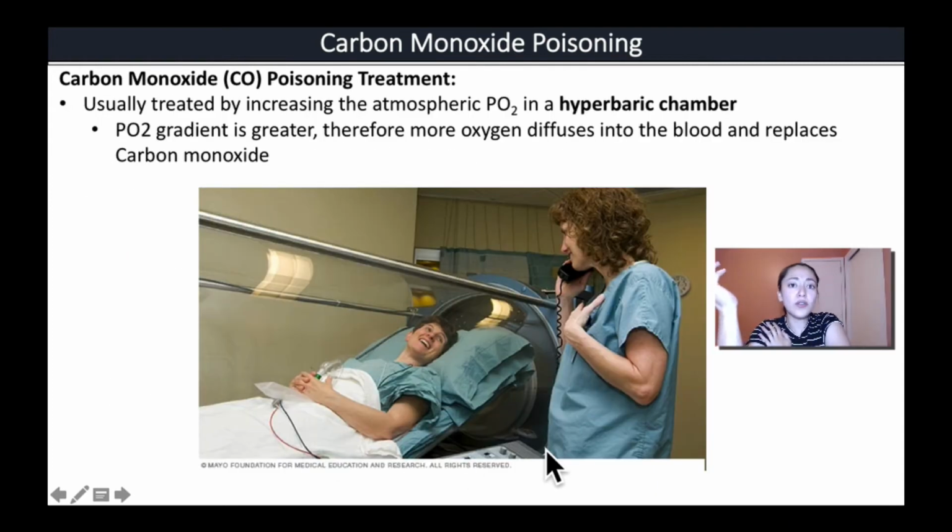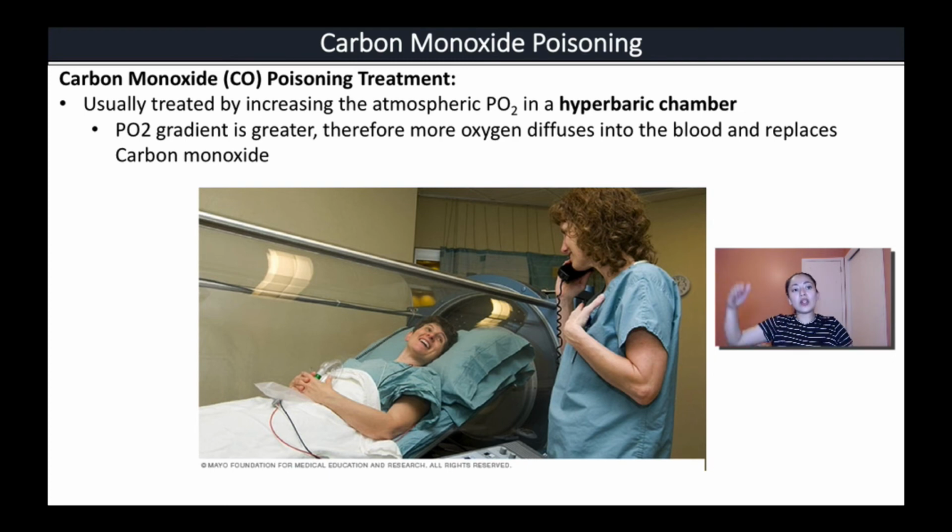So what do you do if you do get carbon monoxide poisoning? How can it be treated? Usually this can be treated by increasing the atmospheric partial pressure of oxygen. So you increase the amount of oxygen in the air. And one way to do that is to put somebody in a hyperbaric chamber. In these chambers, it's pretty much like pure oxygen that they're breathing in.